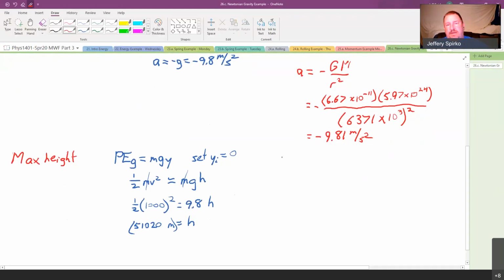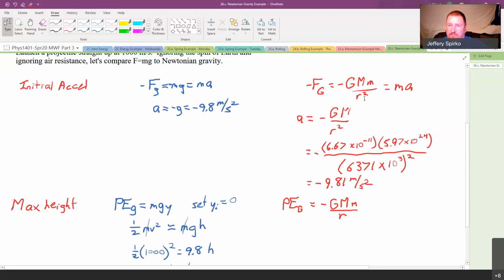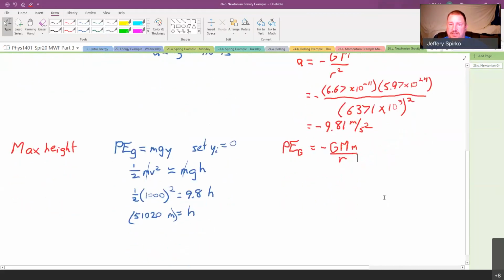Now, when we do it by Newtonian gravity, PE of Newtonian gravity, as I mentioned, is minus capital G, capital M, little m over R, not squared for potential energy. R is squared for the force, but not squared for the potential energy.